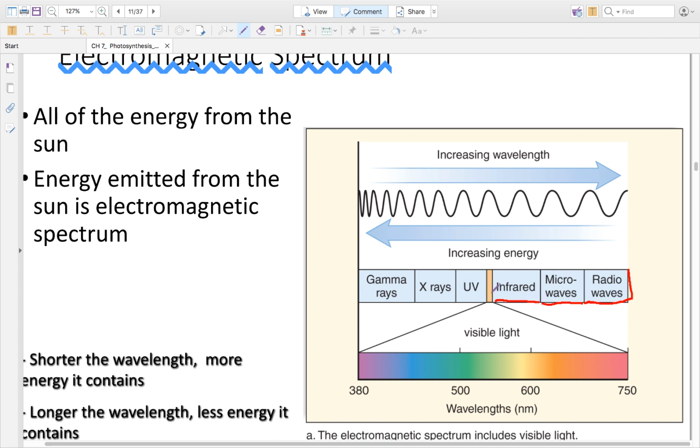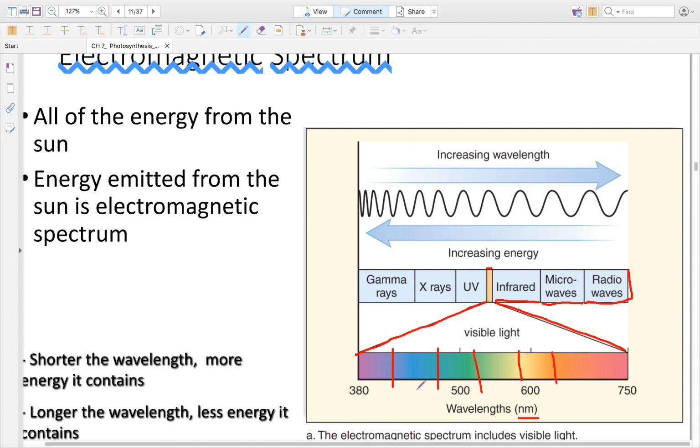Then we have this little tiny sliver of visible light. Here it's amplified or pulled out so we can look at it, and we can actually measure the wavelength in nanometers. So notice the visible light: we have violet, blue, green, yellow, orange, red.